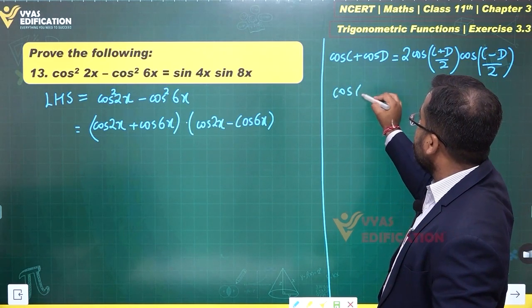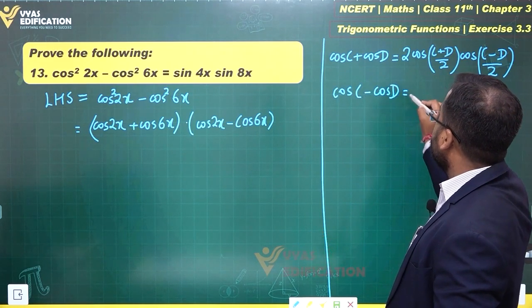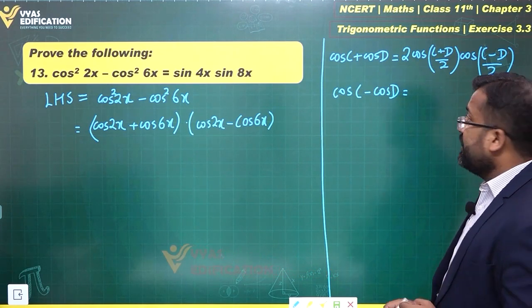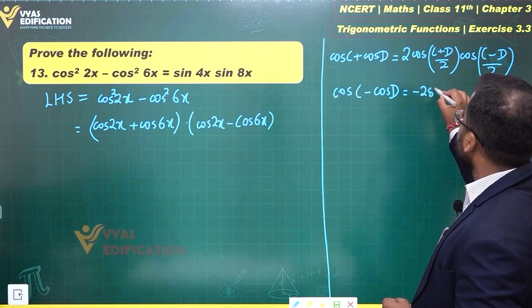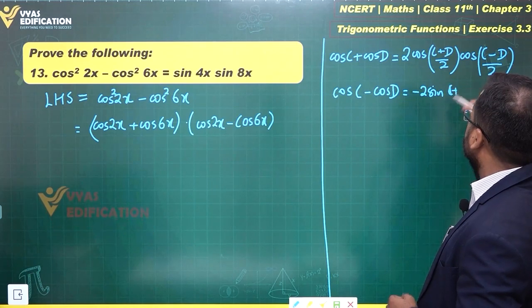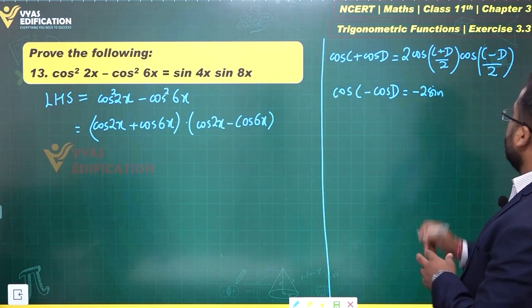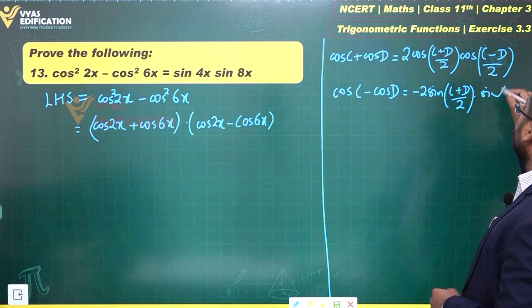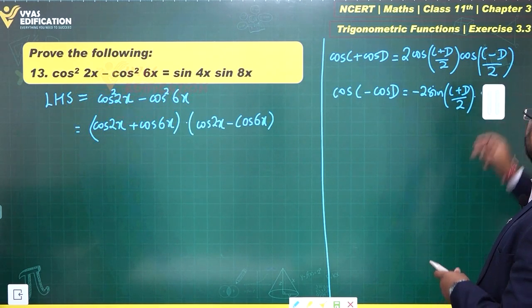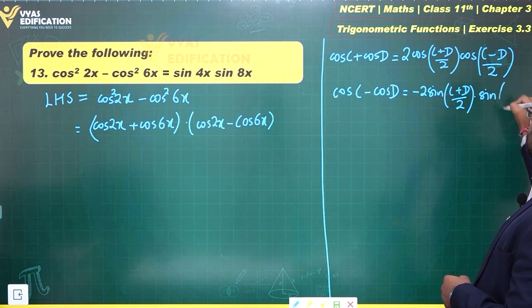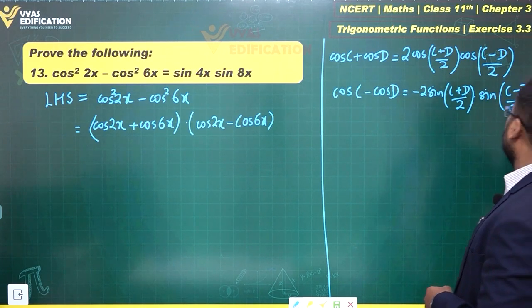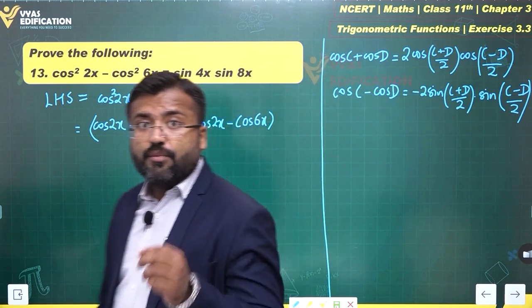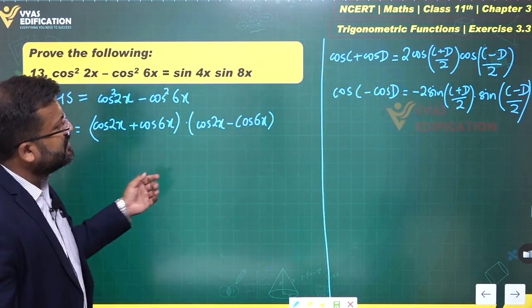Then cos c minus cos d is equal to, please take a look at this carefully, minus 2 sin of c plus d by 2 times sin of c minus d by 2. Those are two important results, and those results can be used over here.